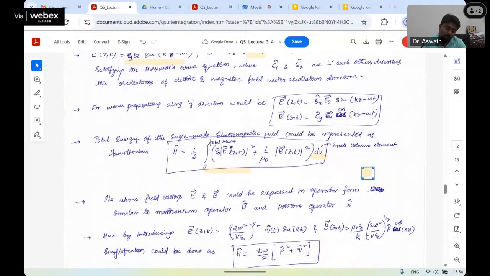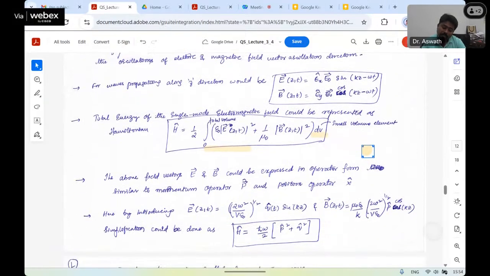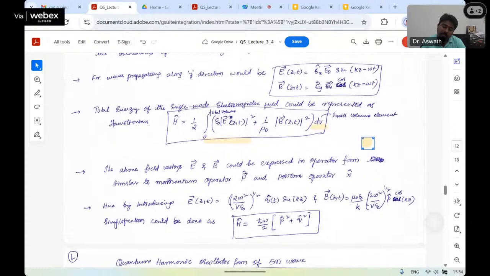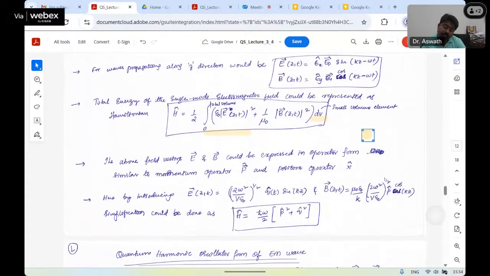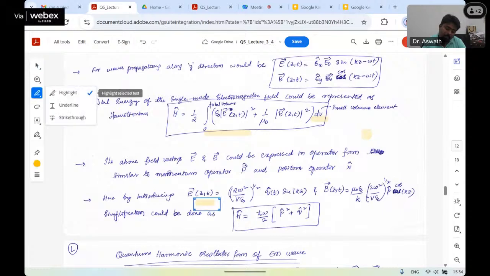Now I know what H is. The next thing is I can find the eigenvectors or eigenvalues of H. By the way, I don't know the operator form for the electric field and magnetic field. So what I'll do is try to express the electric field and the magnetic field in terms of the operators which I know. I know the Q operator, I know the P operator.